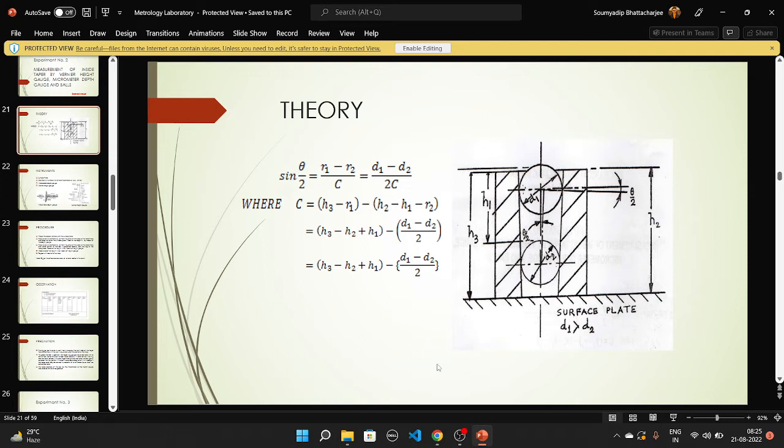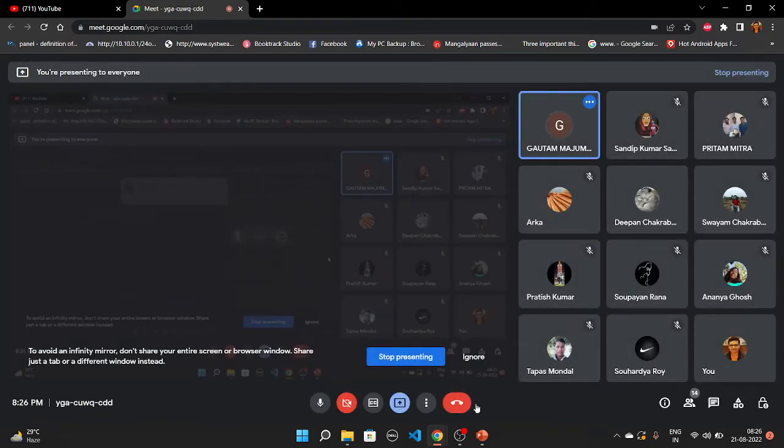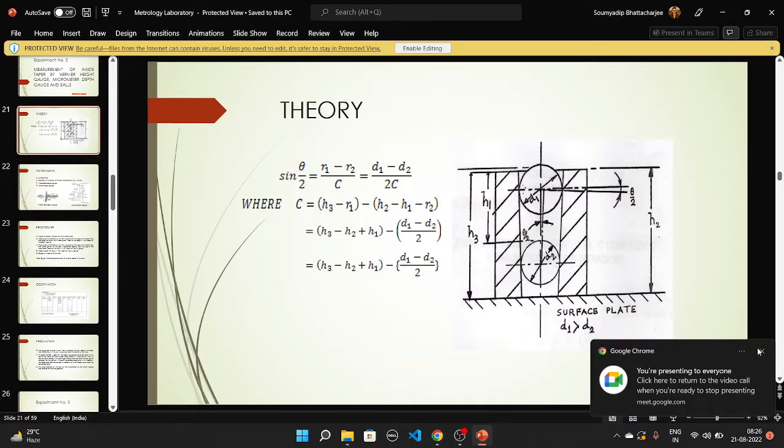If 11.5 length we are taking and we have to measure, we will take 11 millimeter like that. Actually, I'm not clear about that unit. Dipon, yes, tell me please.